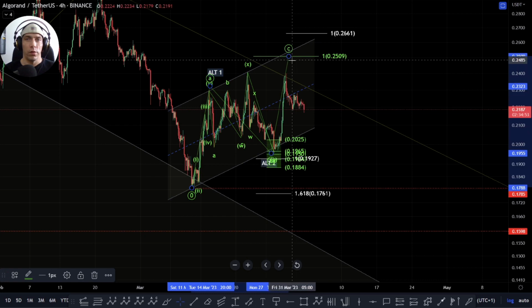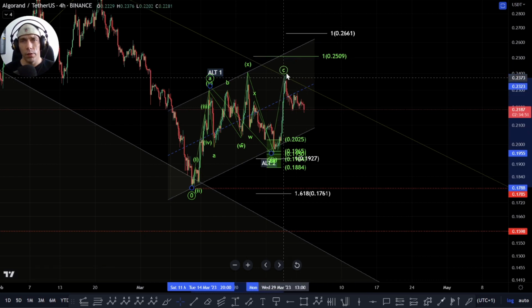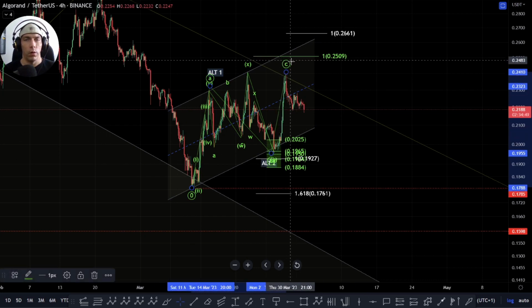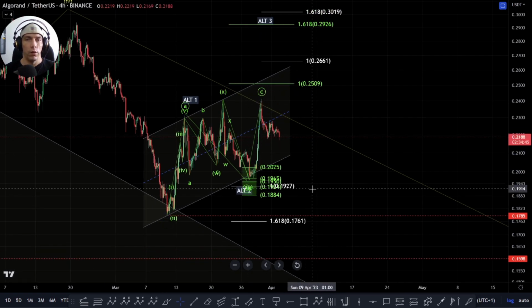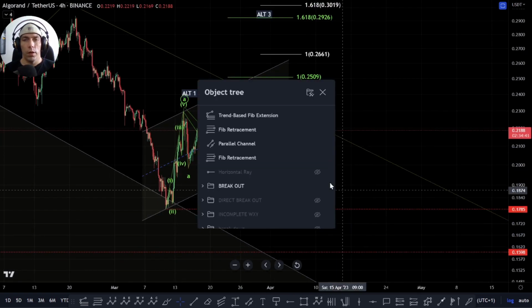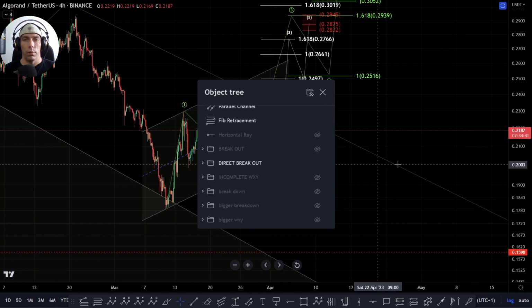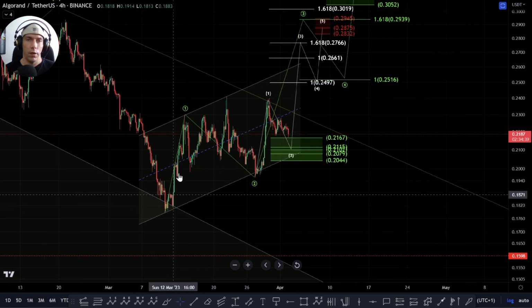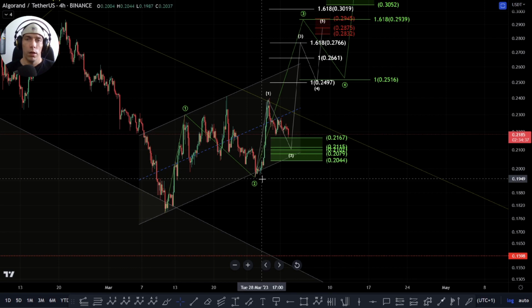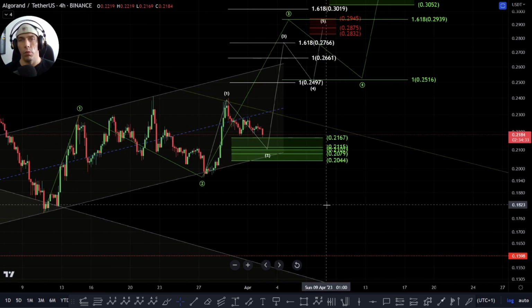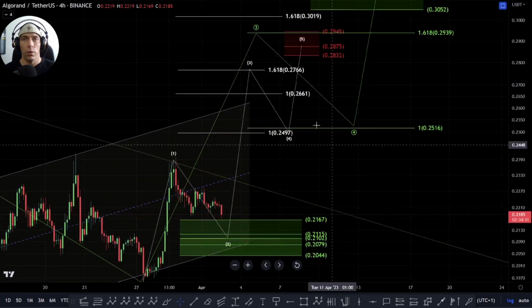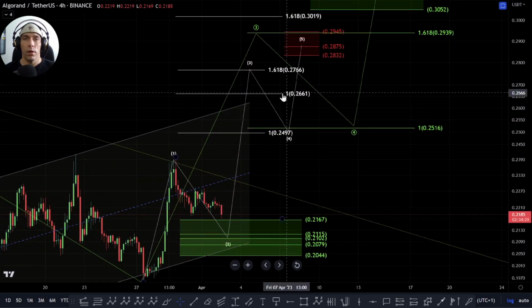But basically within this, if the C wave is completed here, then we have to argue that we're going to see a continuation down. The only way we can really look at this in a bullish way anymore would be looking at it in this manner, where basically we'd have to say that this would be a wave one, two, looking at this as another one, looking for this wave two, and then we'd need to see a push to the upside. So I'm going to go over some of these key areas here.